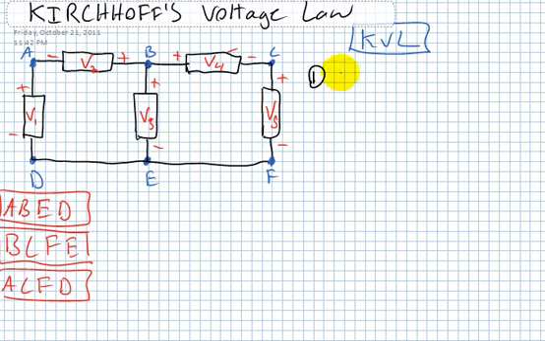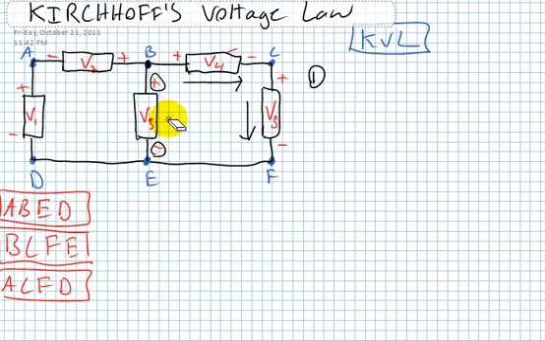Loop 1. Alright, now here's the convention for voltage. If you're traveling through the wire and your loop is this way, and you go from minus to plus, because we're traveling this way, for V5 we would be going from a minus to a plus.